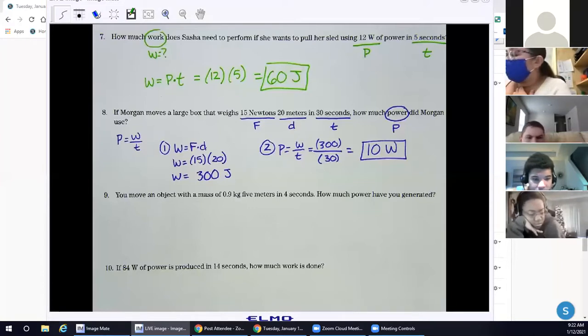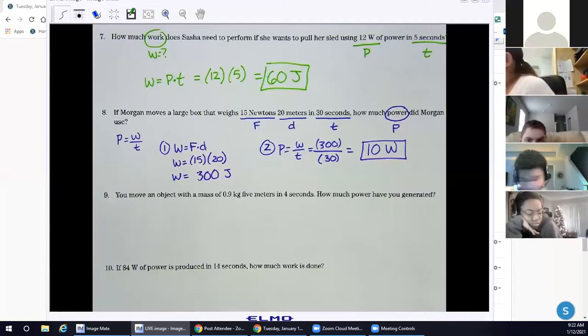Did you use 9.8? Yes. That's what I used. So that gives you 8.82. Okay, I got what Jonathan got. Anybody else get that one? And then I multiplied 8.82 by my distance, which was 5. You're supposed to use 9.8 for gravity.